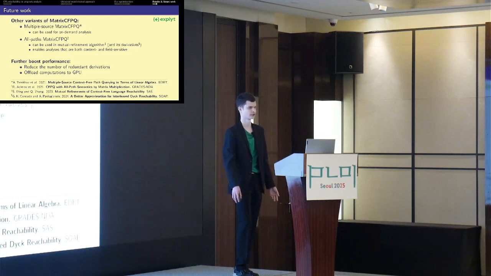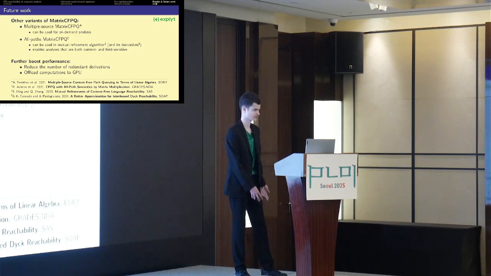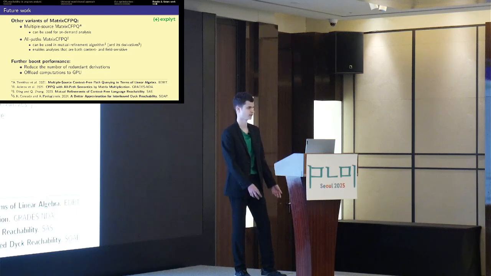It's not actually really our results, it's other people who worked on running baseline MatrixCFPQ for RDF graphs on the GPU, and they got the performance boost. But in our case, the performance boost may be less because our optimizations actually make matrices more sparse, which diminishes the performance boost.